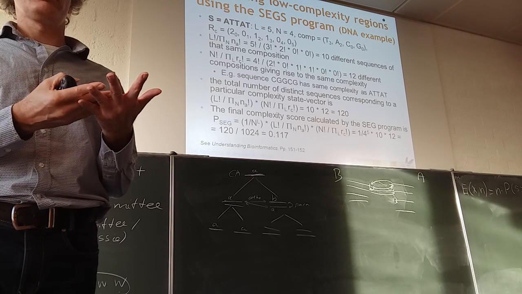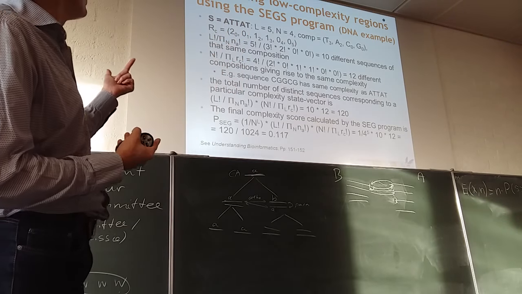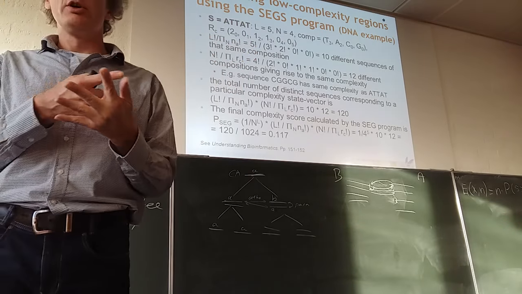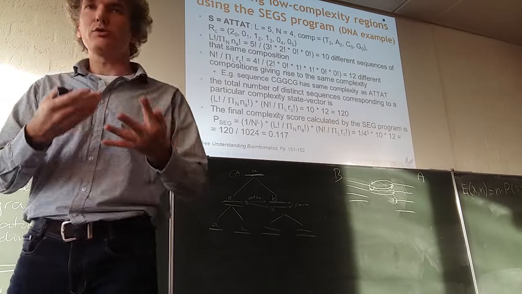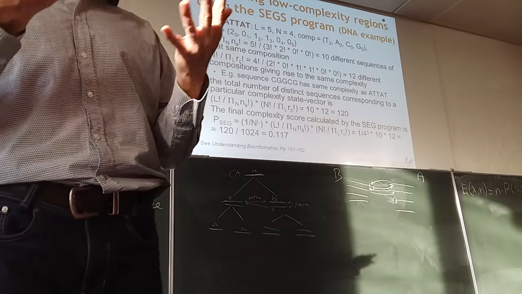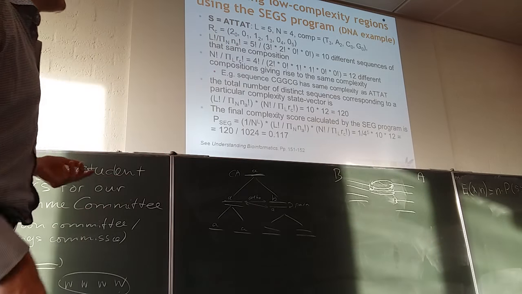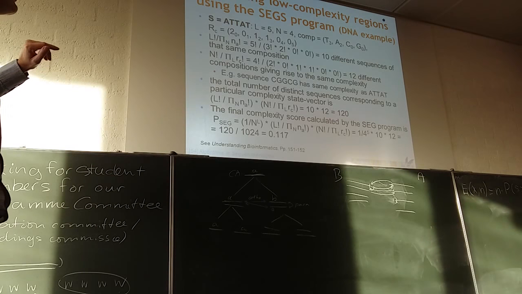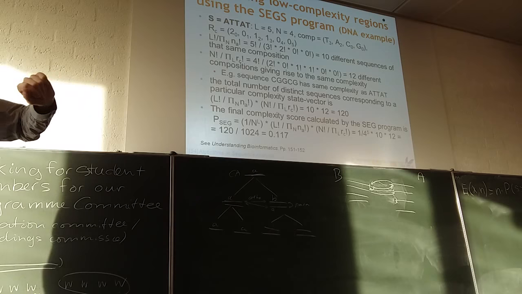Yeah? It could be 2 C's and 3 A's, or 2 A's and 3 T's. It could be 2 T's and 3 A's, or 2 C's and 3 G's, or 2 G's and 3 T's, or whatever. Yeah. 120 is slightly too many to write them all down, but I think you can get it.